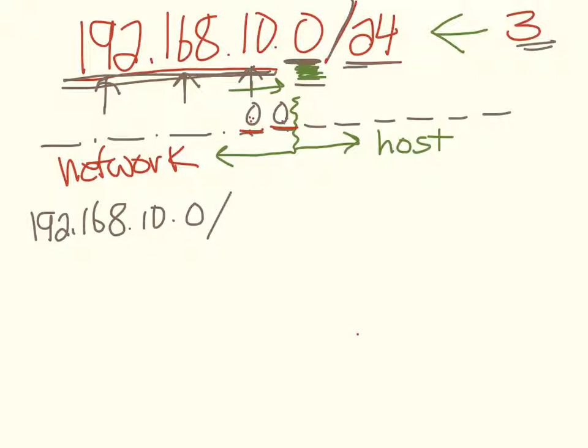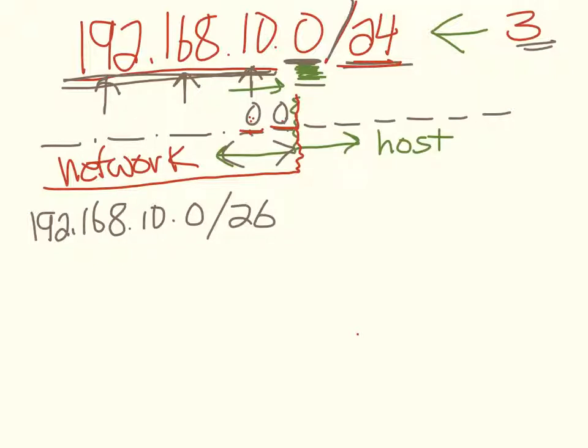The mask was /24, but I borrowed 2 more bits to make my network go all the way to this line, so the mask changes to /26.